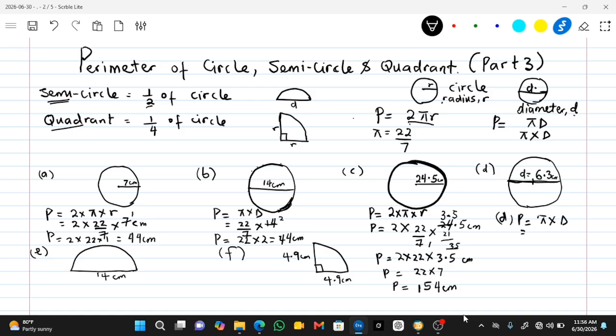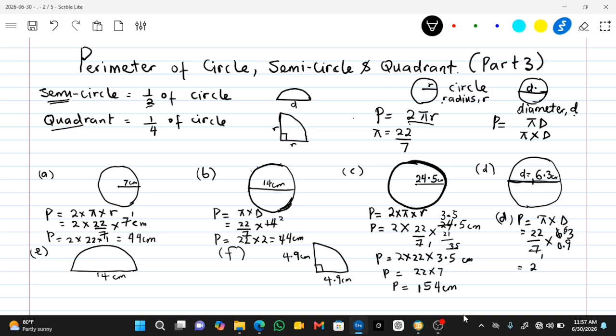So this is 22 over 7 multiplied by 6.3. Let's see, 7 here, 1. 7 is 6, impossible. So we have a 0. We put the decimal point. We join the 6 here. It becomes 63. 7 is 63, 9.